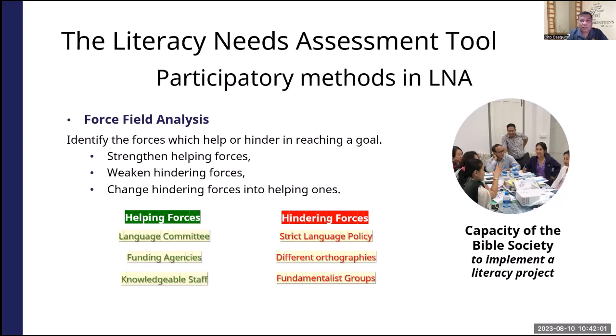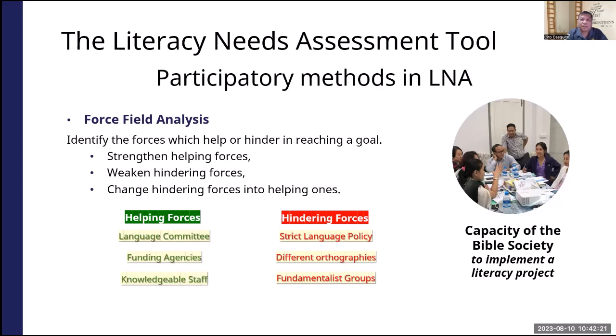So how can they strengthen the helping forces and help them in implementing a project? And how can the organization or the group weaken the hindering forces or change the hindering forces into helping ones?